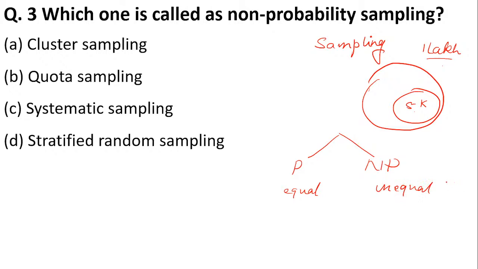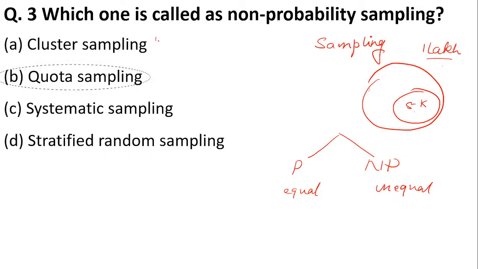There are various types of probability sampling and various types of non-probability sampling as well. The question is asking which of the following is a kind of non-probability sampling. Here quota sampling is a kind of non-probability sampling method.